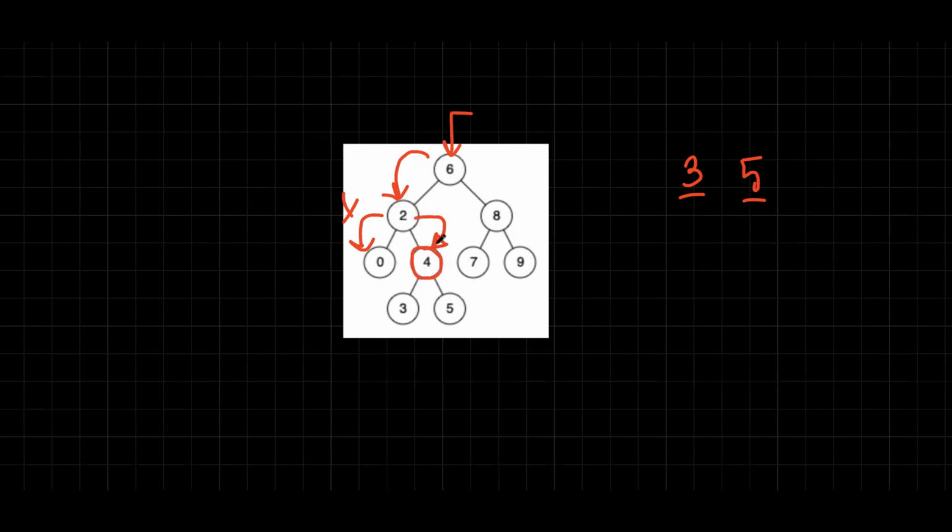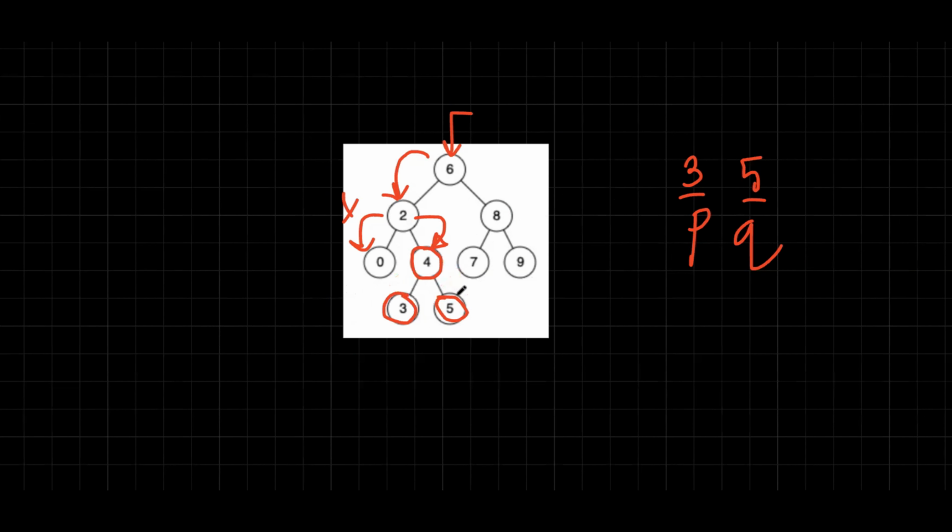So again, we have to check whether our values P and Q are in the left subtree or in the right subtree. So here we have seen that the value 3 is smaller than 4, but the value 5 is greater than 4. That means both of the values do not lie in the same subtree.